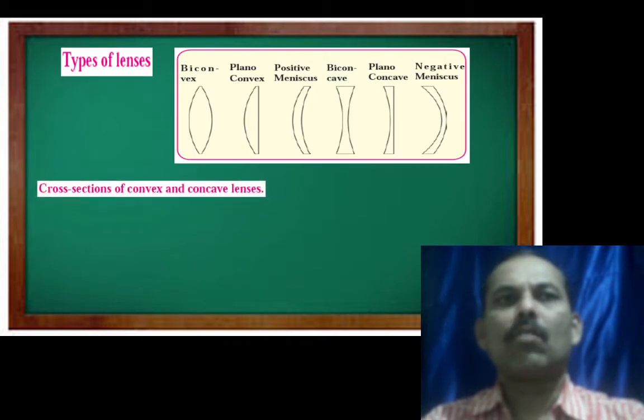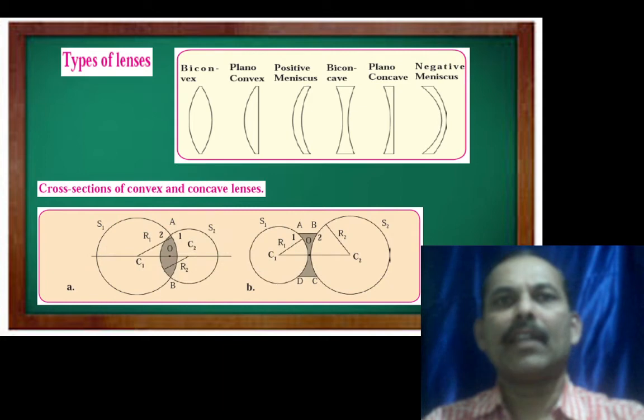If you see the cross section of the convex and concave lens, you will get it like this.